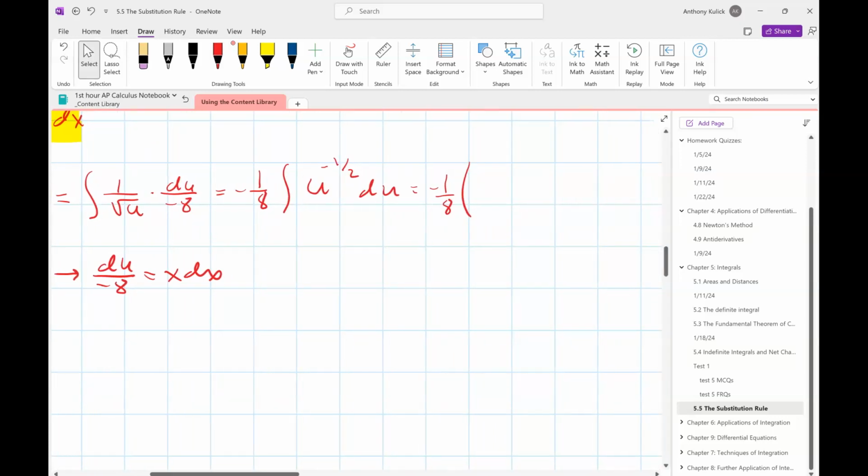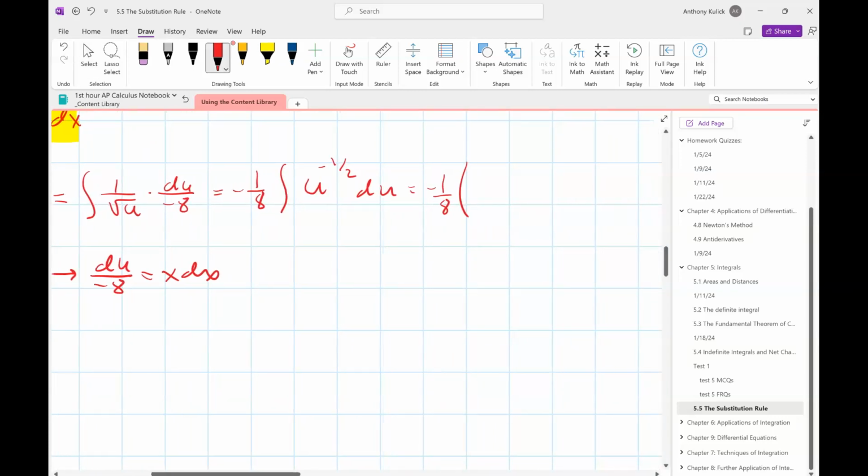What's my antiderivative rule going to give me there?